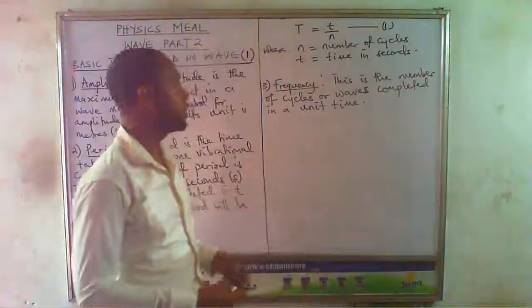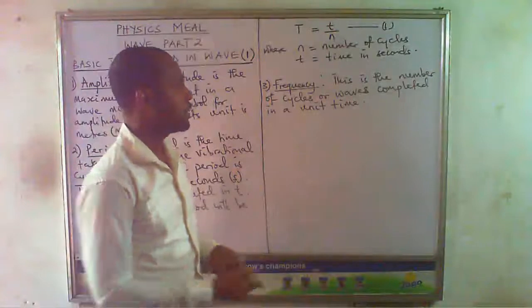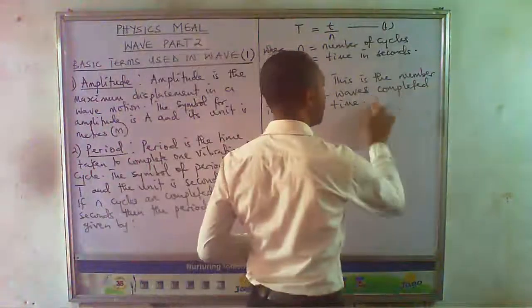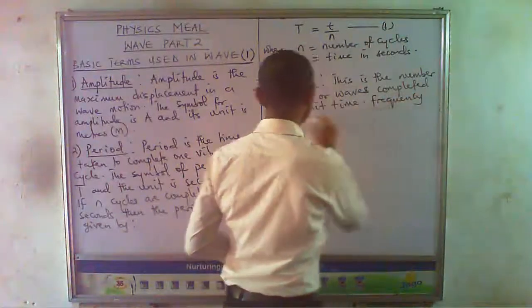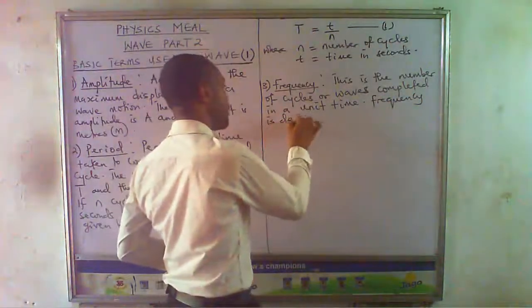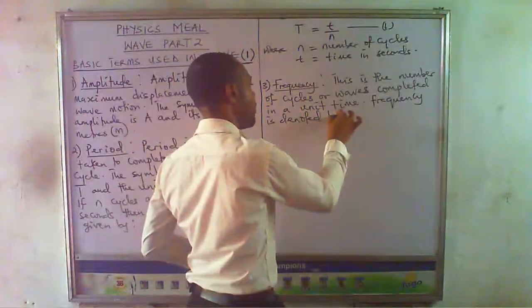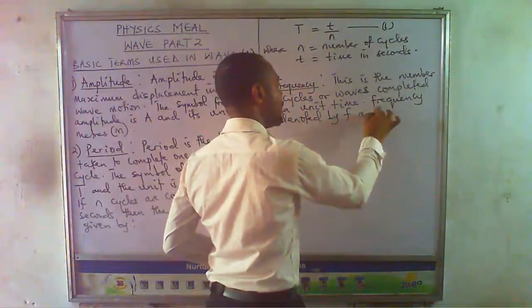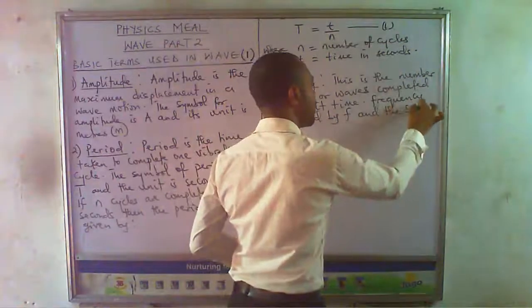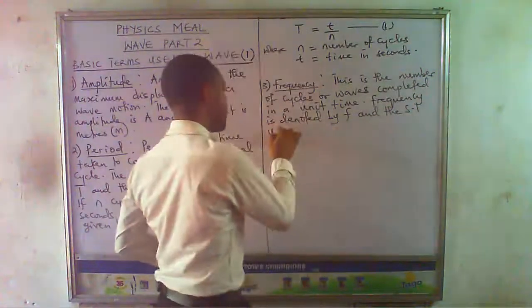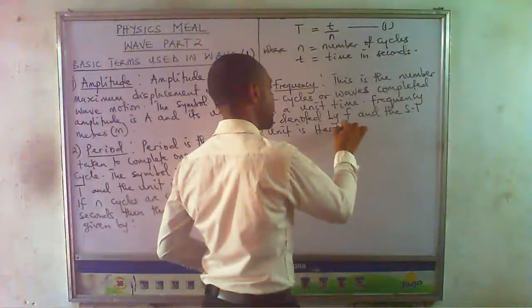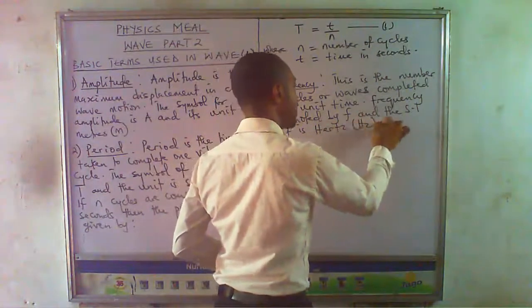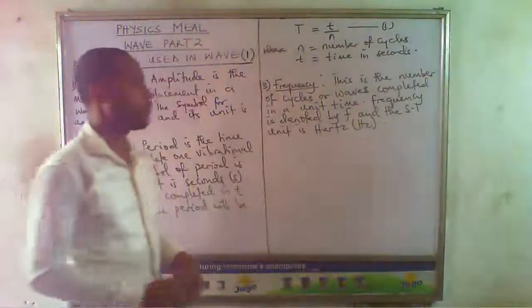So frequency is denoted by f, and the SI unit is hertz. That's the SI unit of frequency.